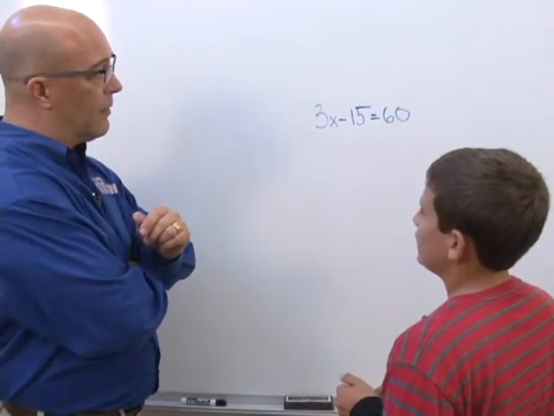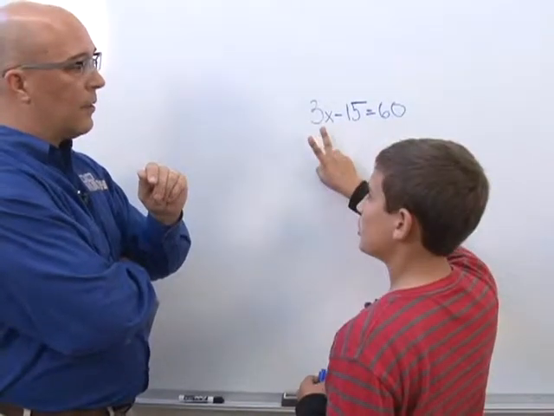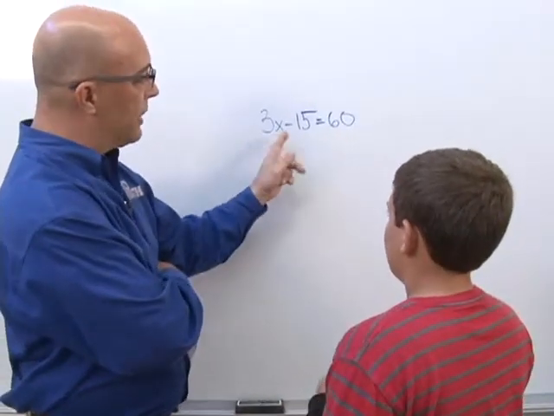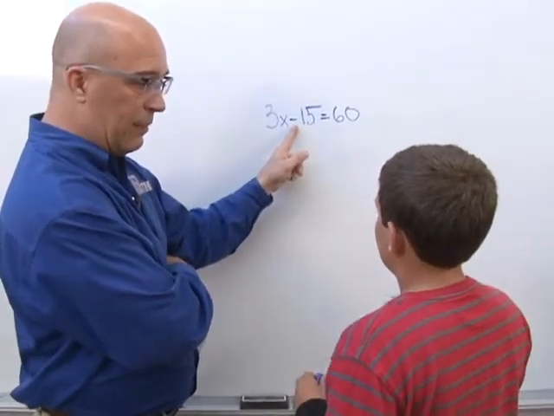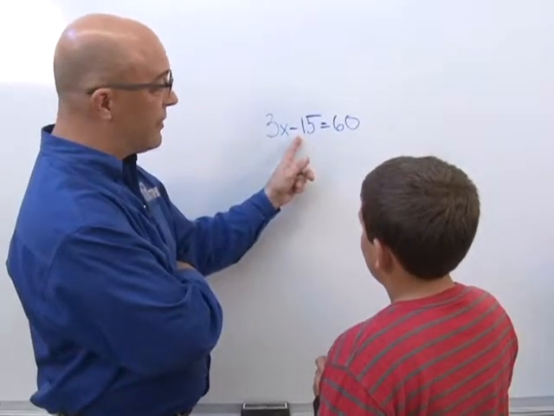What is the first step we need to do? 60 minus 15? Or 15 times 3? What you want to do is get the x all by itself, so you have to get rid of this number. What is that number? 15. The 15 or negative 15? Negative 15. So you want to get rid of the negative 15.